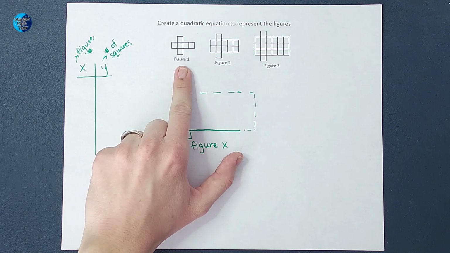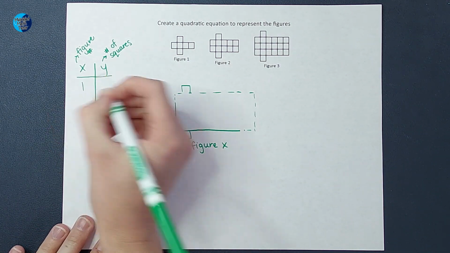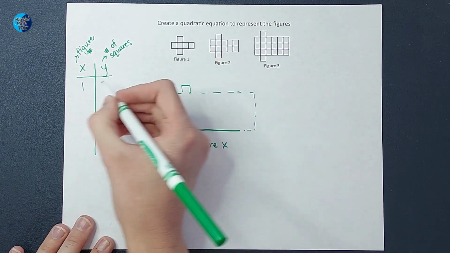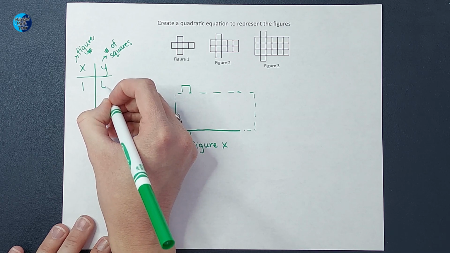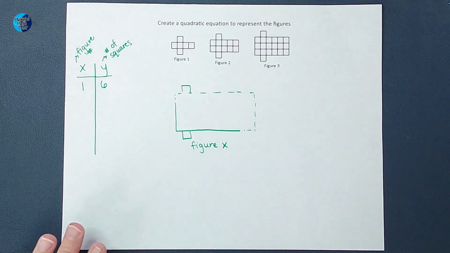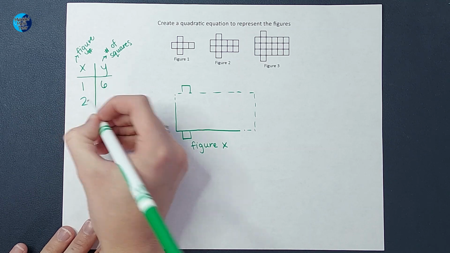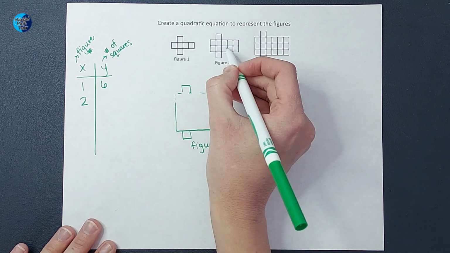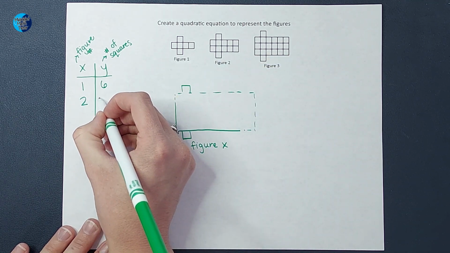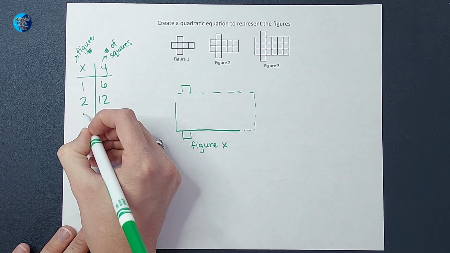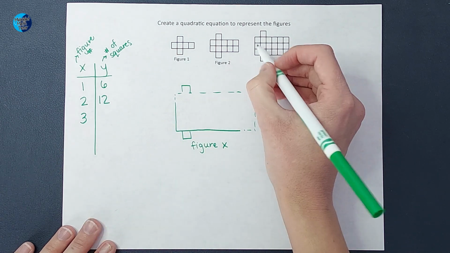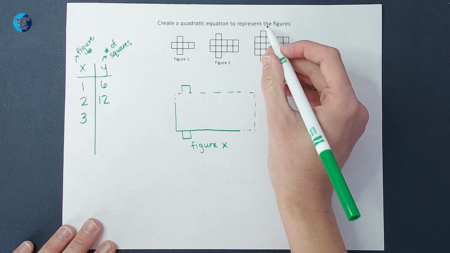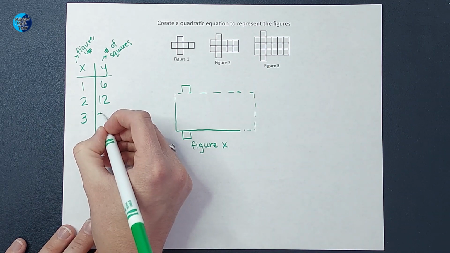So, for example, figure 1 has 6 squares, figure 2 has 10 squares, and figure 3 has 3 times 6, 18, so 20 squares.